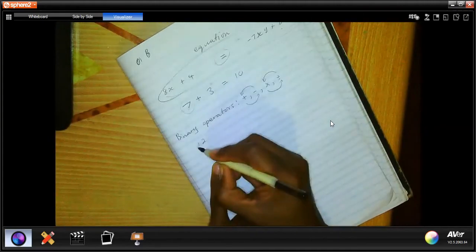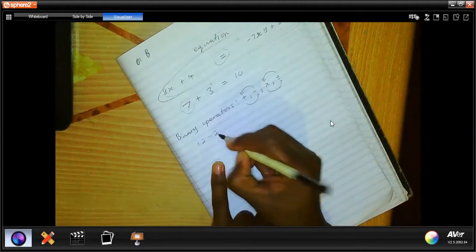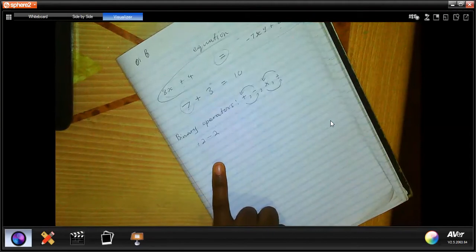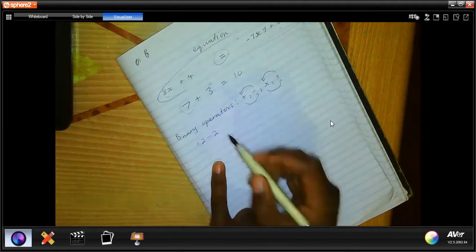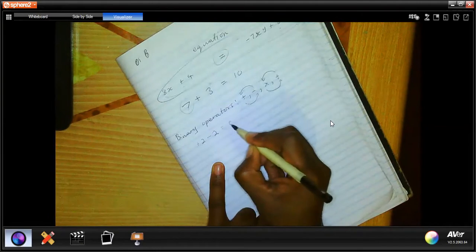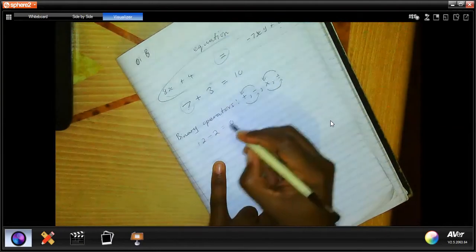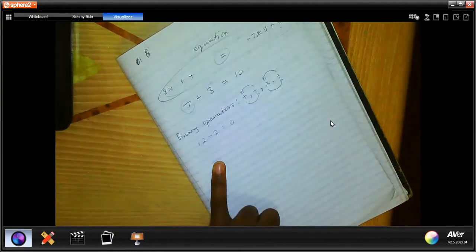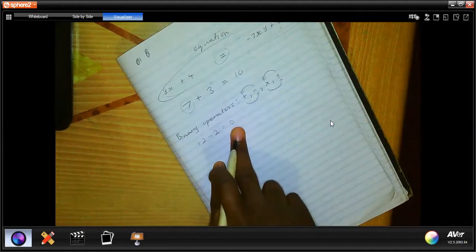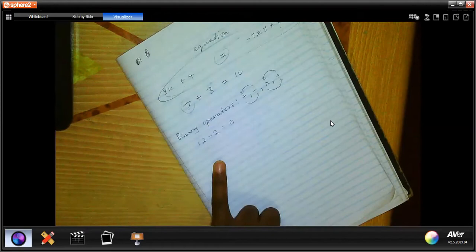So if I have a positive 2 and then I subtract that 2, then what do I have? Nothing. When it comes to addition, this is what we call an additive identity, but that is different mathematics.